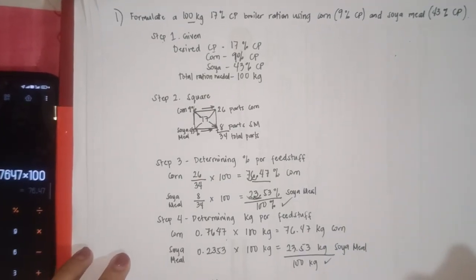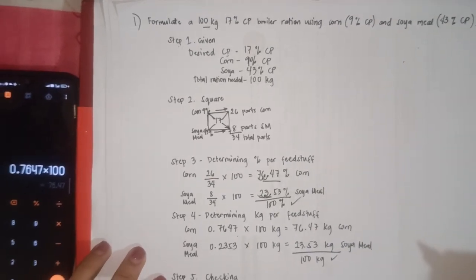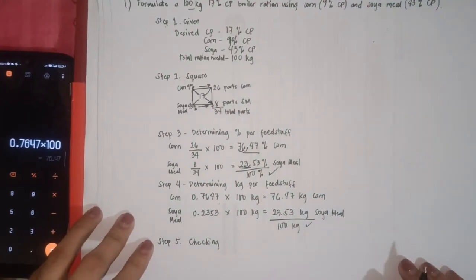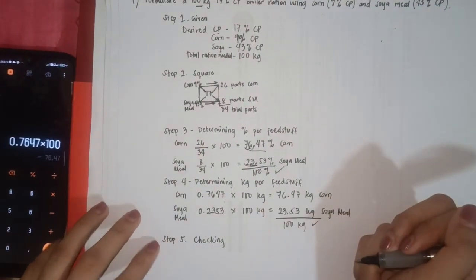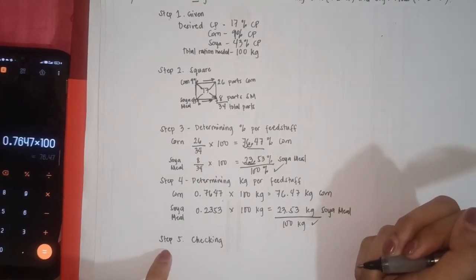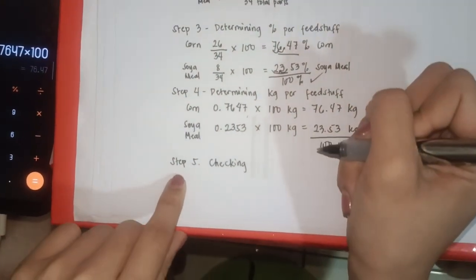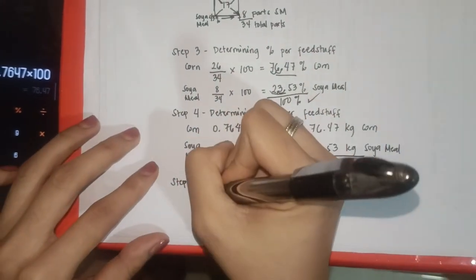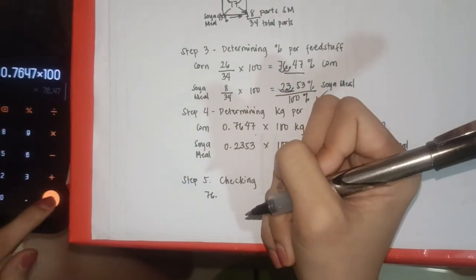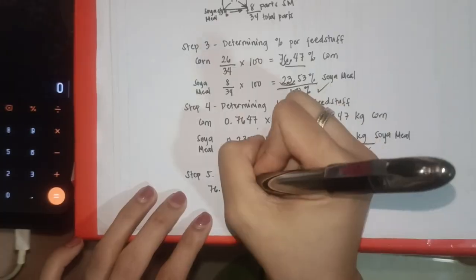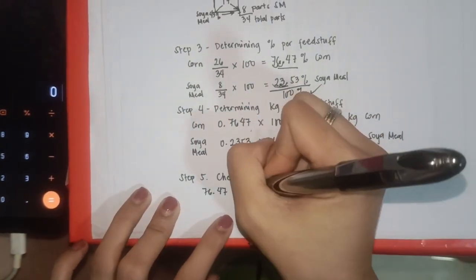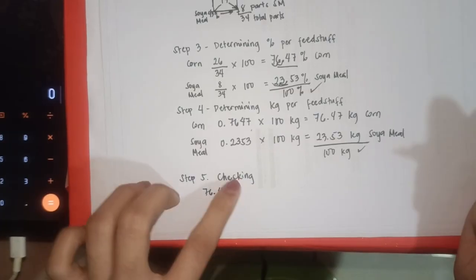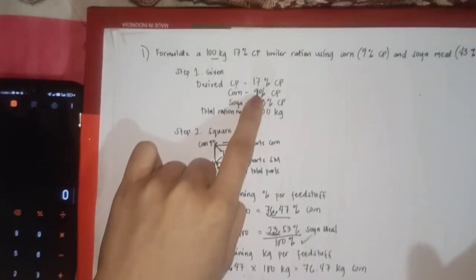Okay, and then for checking if this is indeed 17% crude protein content, all you have to do is just take the percentage per feedstuff. So 76.47% times, let's go back to its crude protein content.